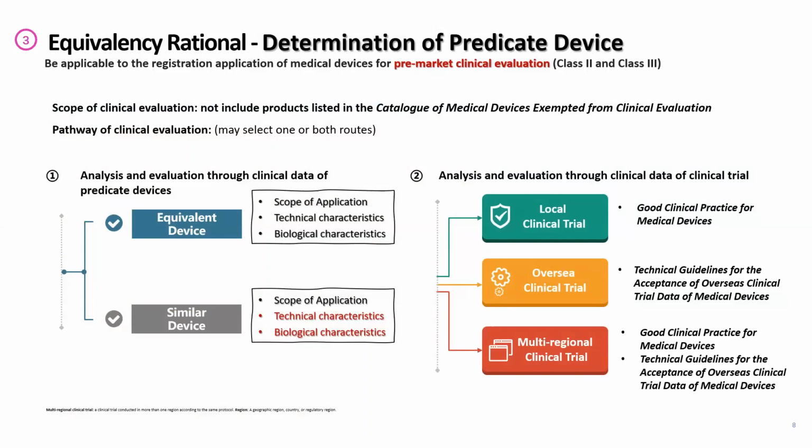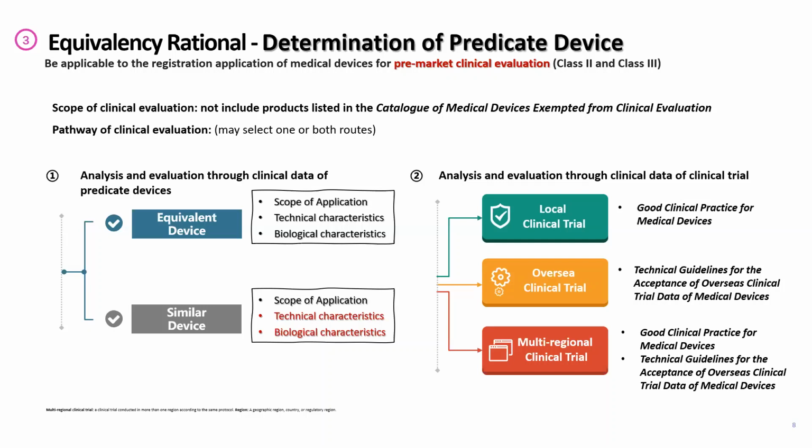After we give the full comparison between the subject device and the predicate device, we will have a clear conclusion on whether the comparison pathway is enough or not. And we will also evaluate whether we need more clinical data or clinical trial data to support our submission for the subject device.